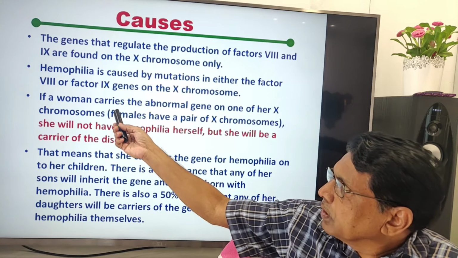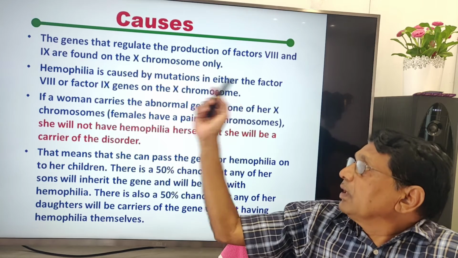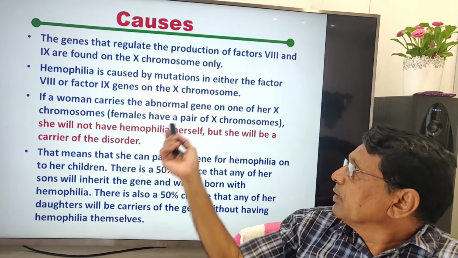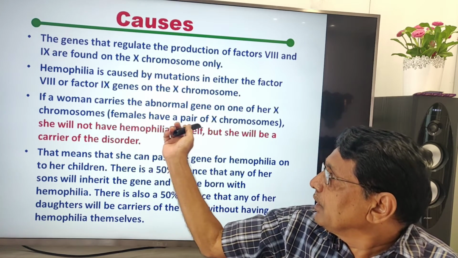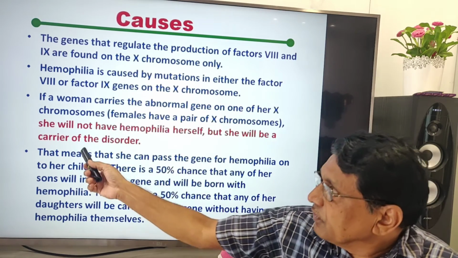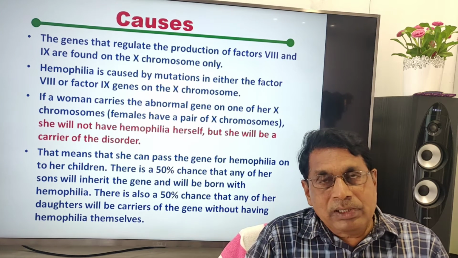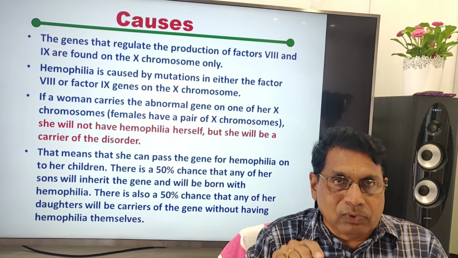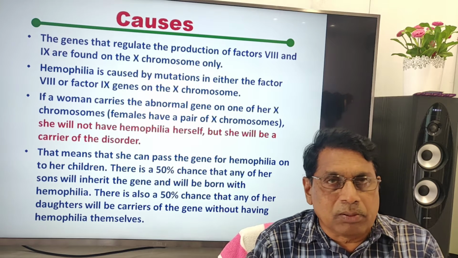If a woman carries the abnormal gene on one of her X chromosomes, since females have a pair of X chromosomes, she will not have haemophilia herself, but she will be a carrier of the disorder. Females have XX. One X carries the haemophilia gene, no problem.